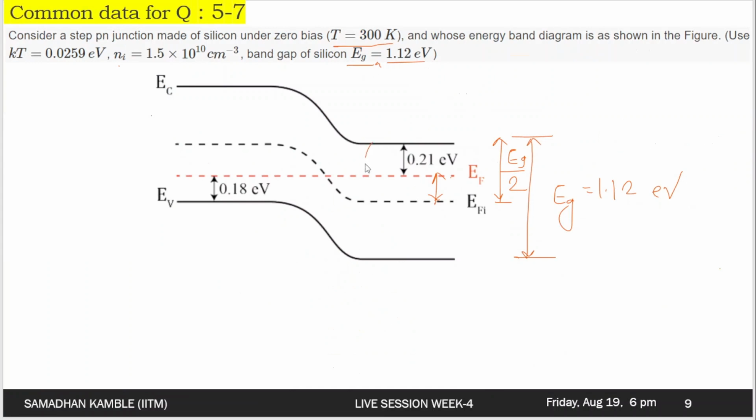Then Ef minus Ei is nothing but Eg over 2 minus this difference, that is 0.21 electron volt.